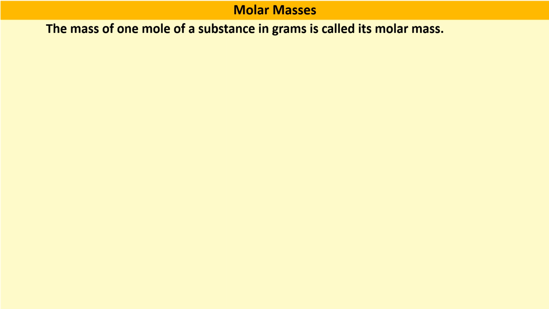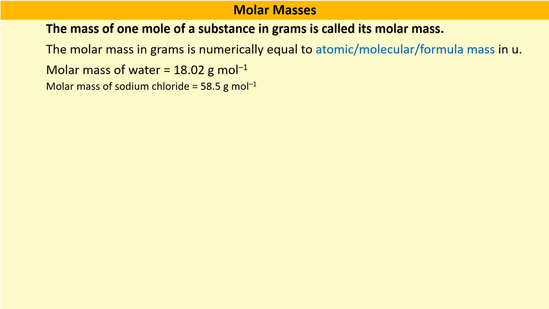The molar mass in grams is numerically equal to the atomic, molecular or formula mass in u. Therefore, the molar mass of water is equal to 18.02 grams per mole. You have to remember that. Similarly, the molar mass of sodium chloride equals 58.5 grams per mole.